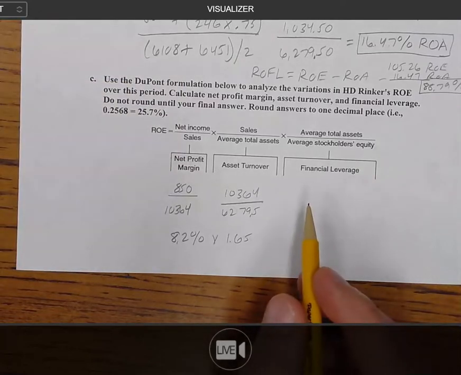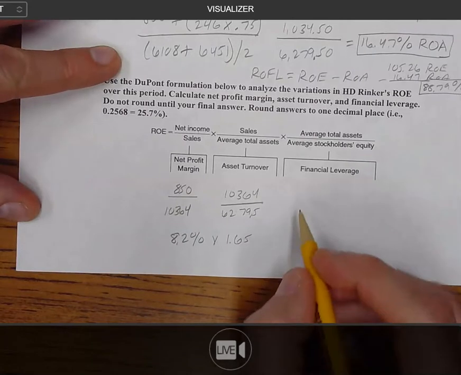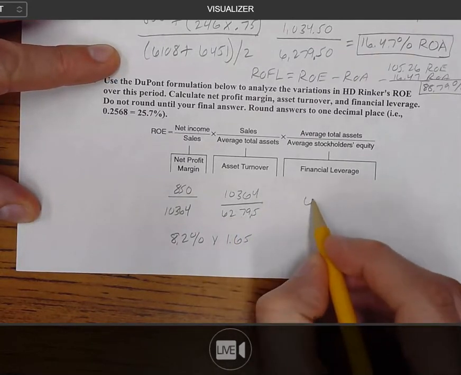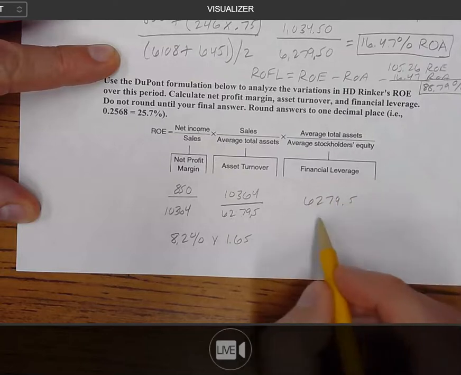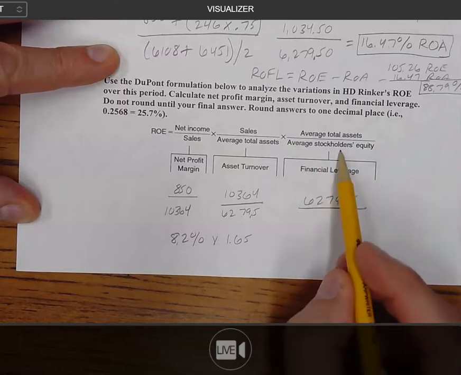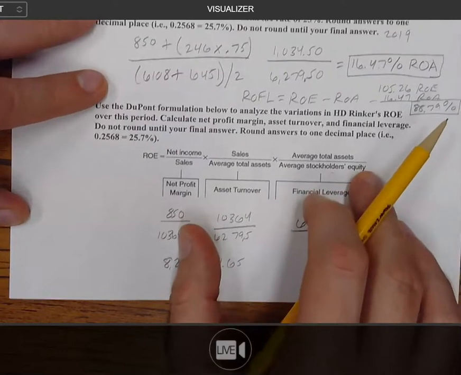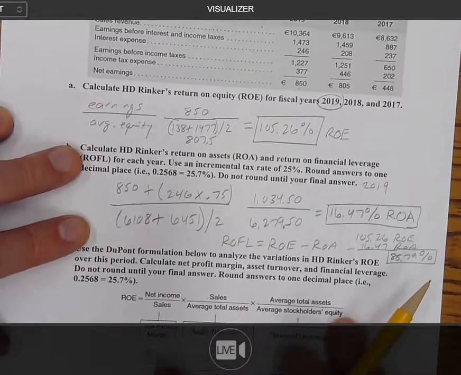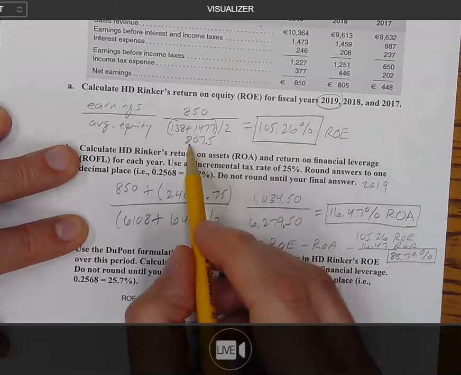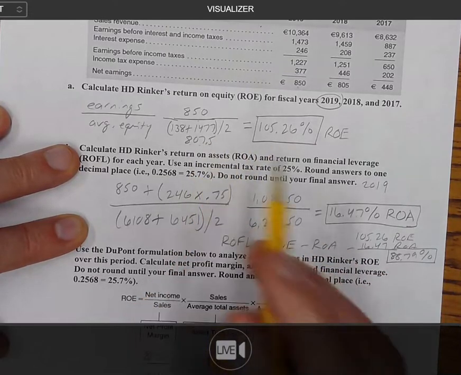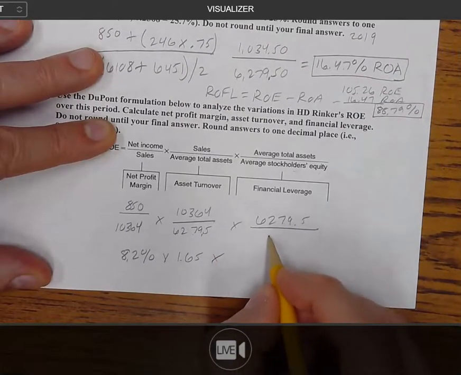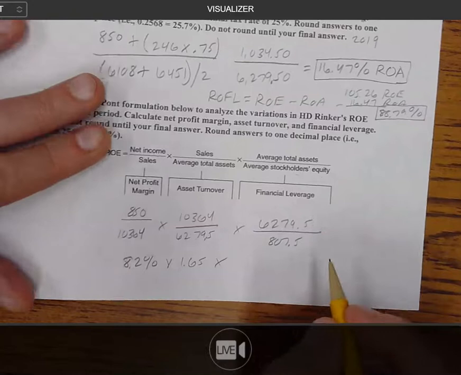Then for financial leverage, well, we've already figured out we've got this 6279.5, so let's just put that here. Okay, and then we need average stockholders' equity. Well, if we go back up the page, when we were calculating regular ROE, we came up with 807.5.